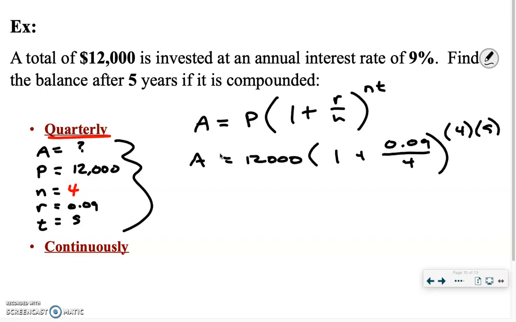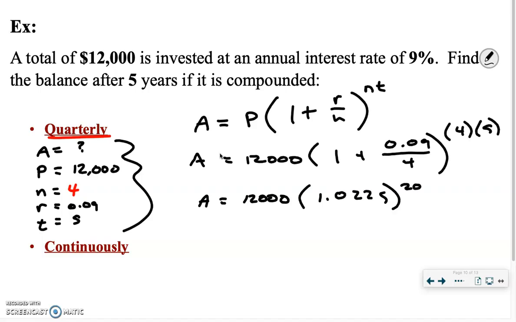So if you were doing this the more traditional way, we're talking 12,000 times, within the parentheses, I'm getting 1.0225 raised to the 4 times 5, which is 20. Because we're in pre-calc, does that mean that we get to forget about order of operations?